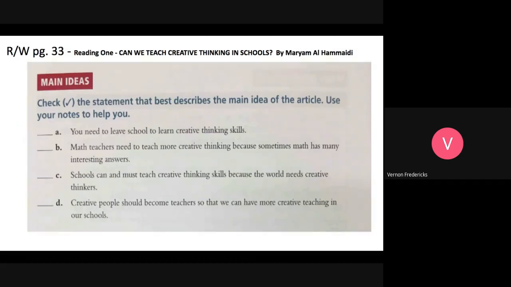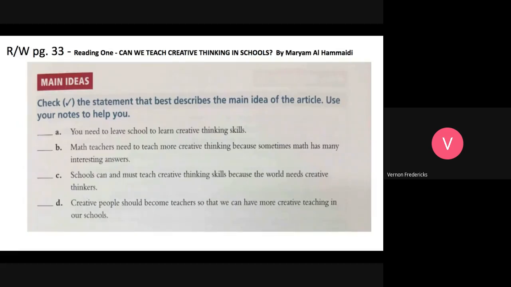Check the statements that best describe the main idea of the article. Use your notes to help you. Okay. So what do you think is the main idea of the article? Number A says you need to leave school to learn creative thinking skills. No. Number B says math teachers need to teach more creative thinking because sometimes math has many interesting answers.